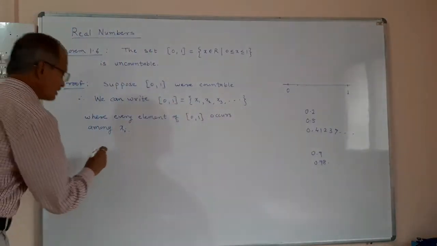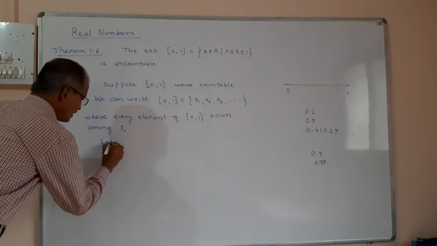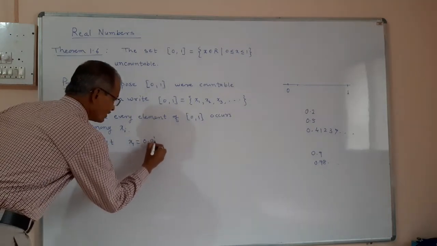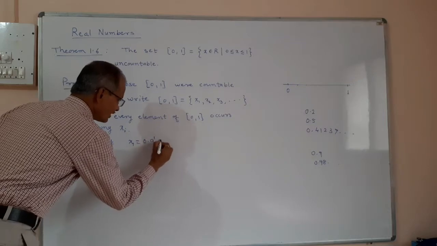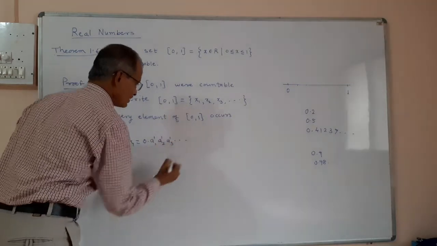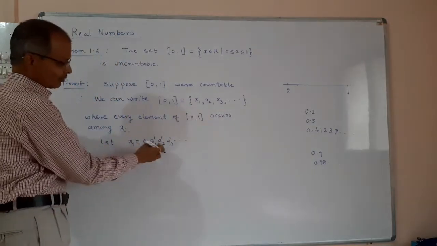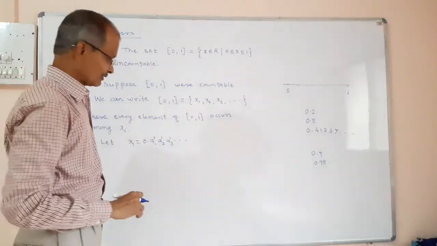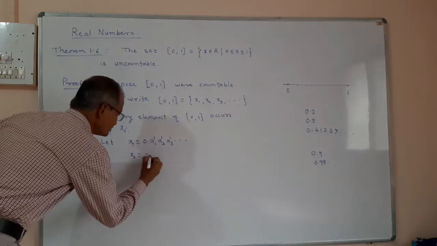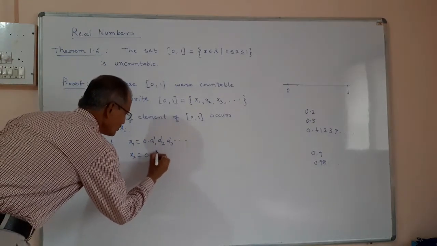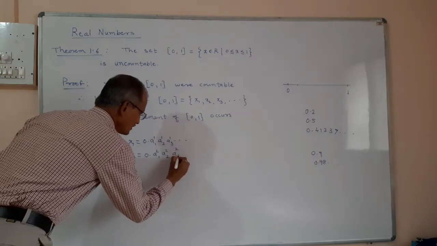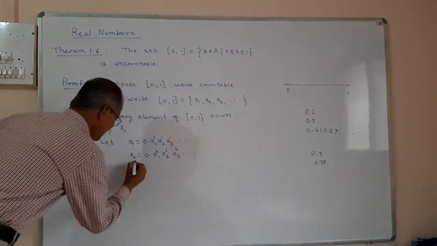And we can write: let x1 be equal to 0 point a11, a12, a13 and so on. So these may be 3, 4, 5 etc., any digit. And x2 is equal to 0.a21, a22, a23 and so on.